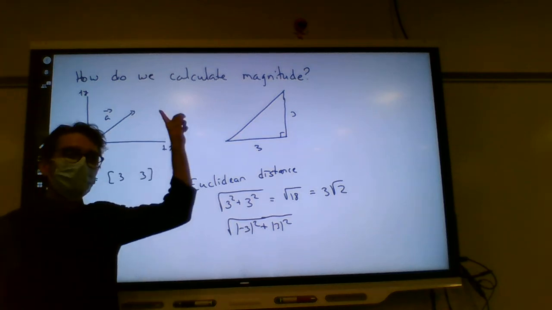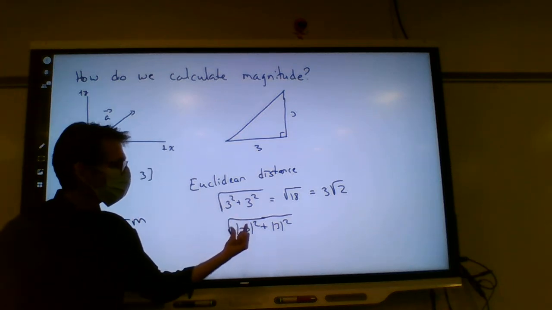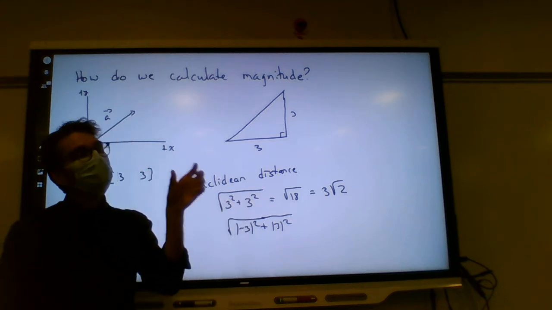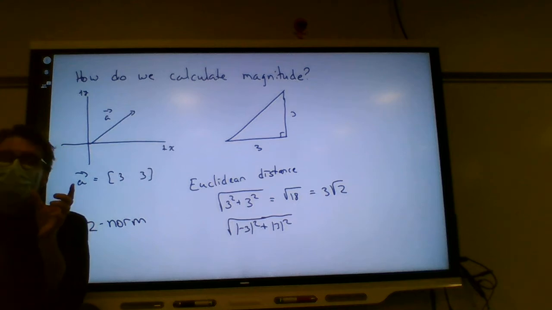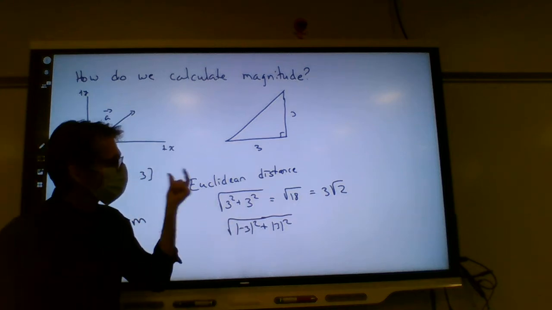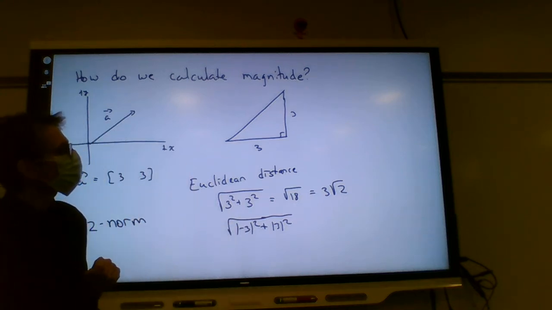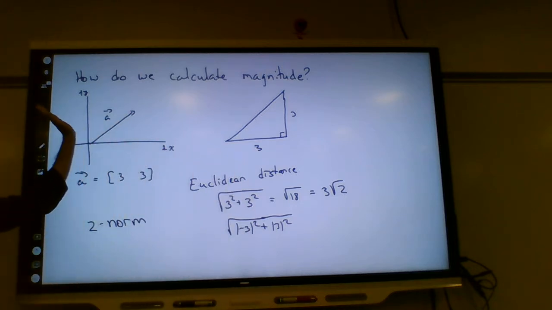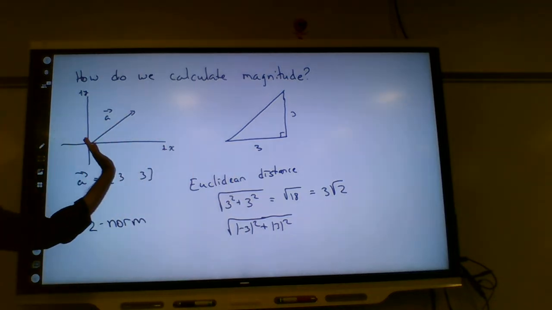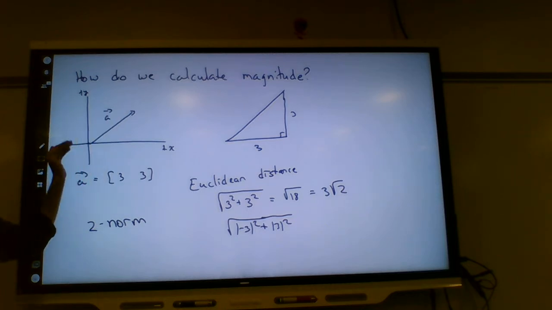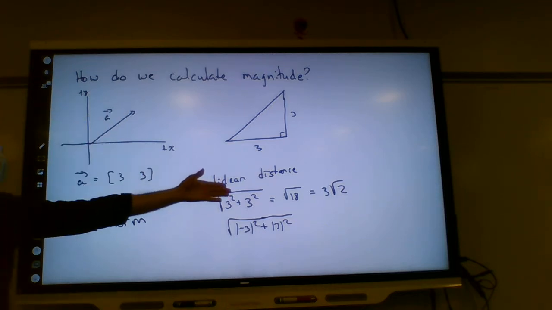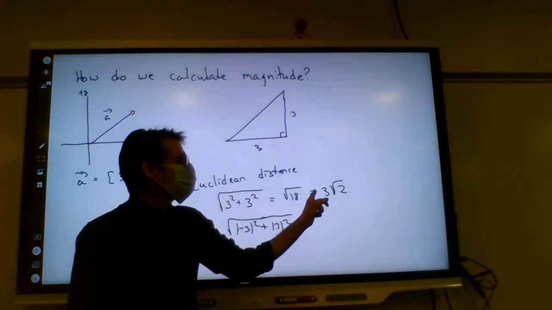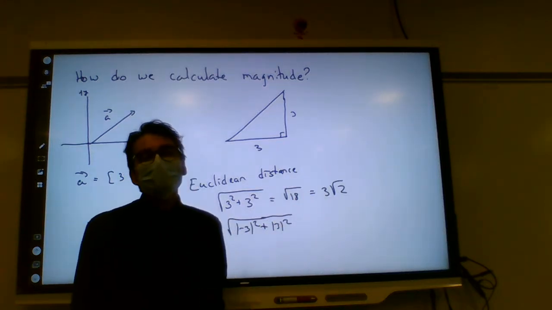It doesn't matter which direction that side is pointing. So really, we said 3 squared and 3 squared. Really, we were thinking of the absolute value of that, even though it wouldn't have changed anything in that particular case, because it's the length of a side that matters. So no matter which direction this vector was pointing, as long as it was distances of 3, the overall 2 norm, or the magnitude in that context, would have been 3 times the square root of 2.